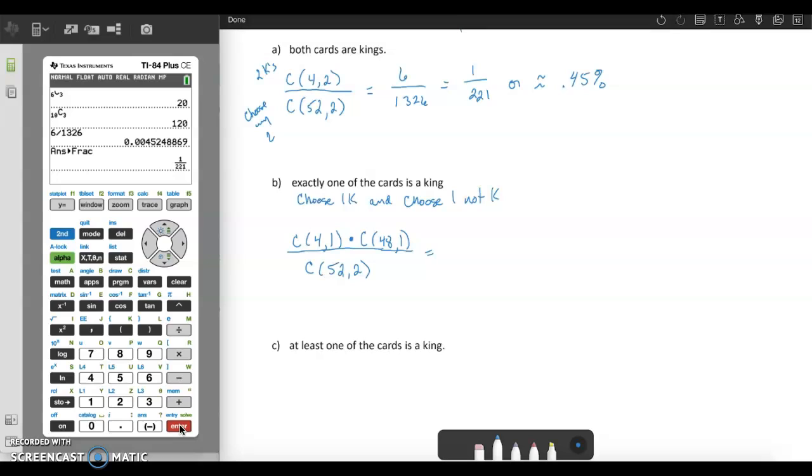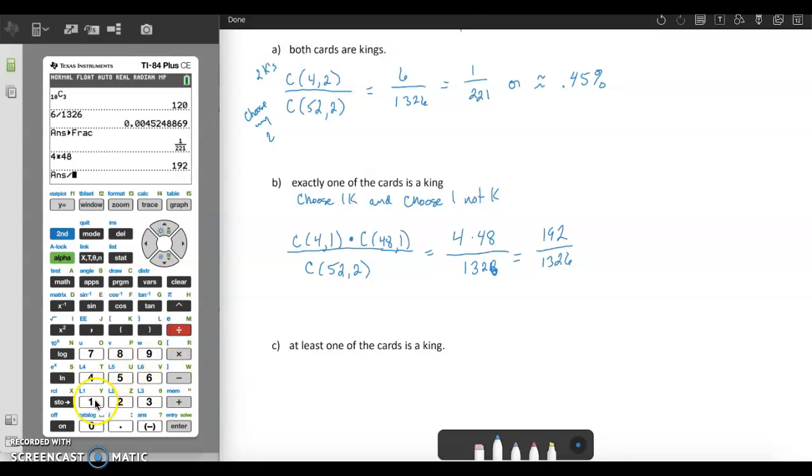We know 4 choose 1 is 4, and 48 choose 1 is 48. With the combinations, anytime you're choosing 1, you just get that value back. And we already knew that the 52 choose 2 is 1,326 in the denominator. So if I multiply that out, 4 times 48 is 192 out of 1,326.